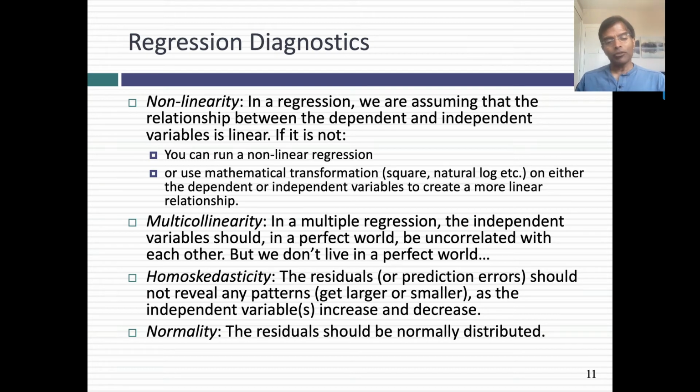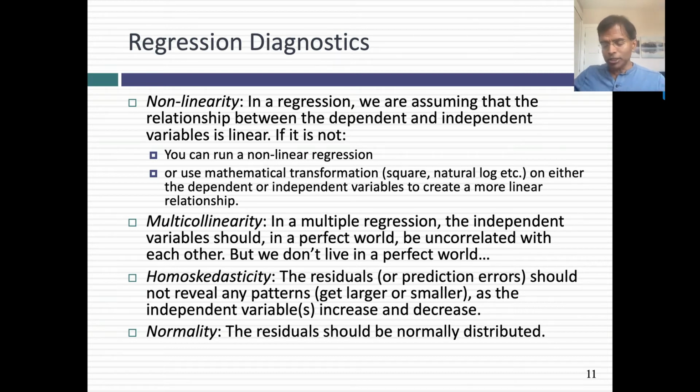The third issue you might run into with regressions is called homoskedasticity. Again, sounds fancy. Statistics people love to create these big words. But here's what it means. When you use your independent variable to predict your dependent variable, you get a prediction, and that prediction will have an error. It's called a residual. And if your regression is good, that error should remain the same as your independent variable goes from low to high.